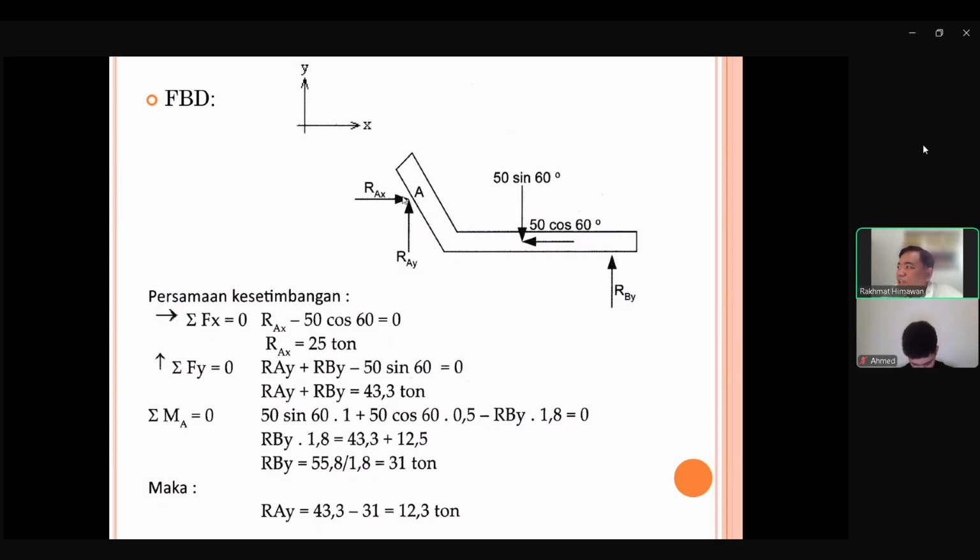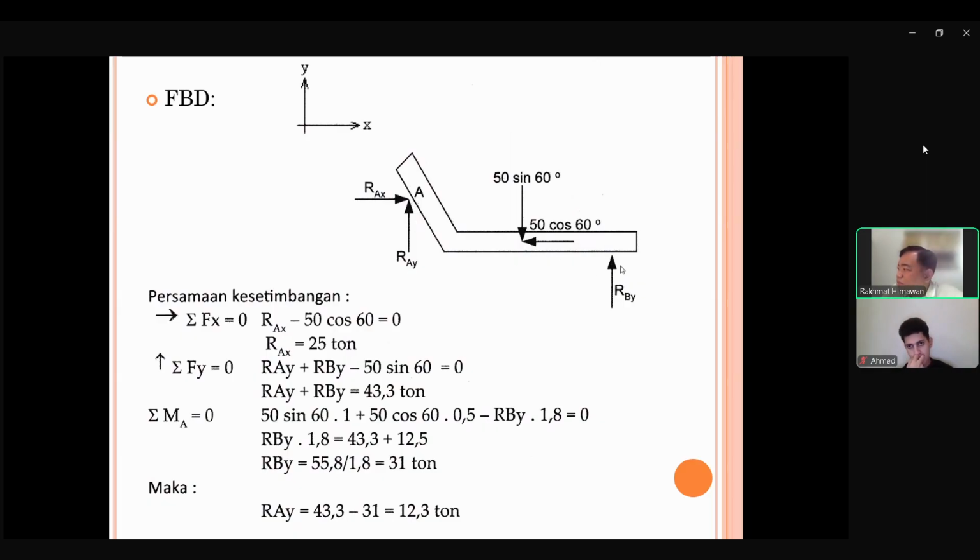Okay, that's why we choose A, because usually we choose the point that has so many reaction forces that we don't know. Here, A has two reaction forces, B has just one. If you put sigma MB equal to zero instead, it might work, but then you have more calculation to do. This one has only one. So I usually prefer to use the sigma moment at the point that has the most reactions.